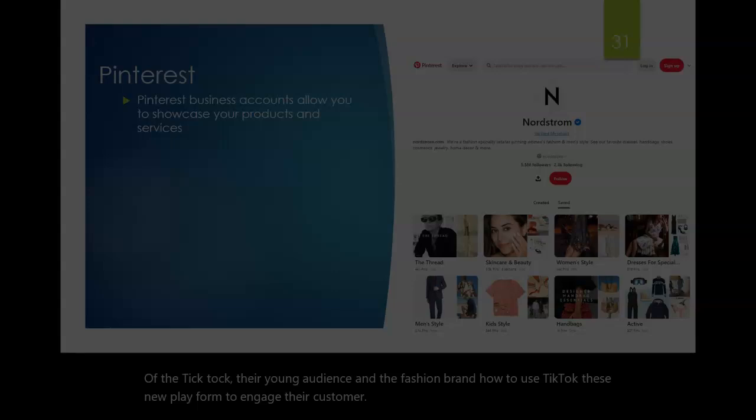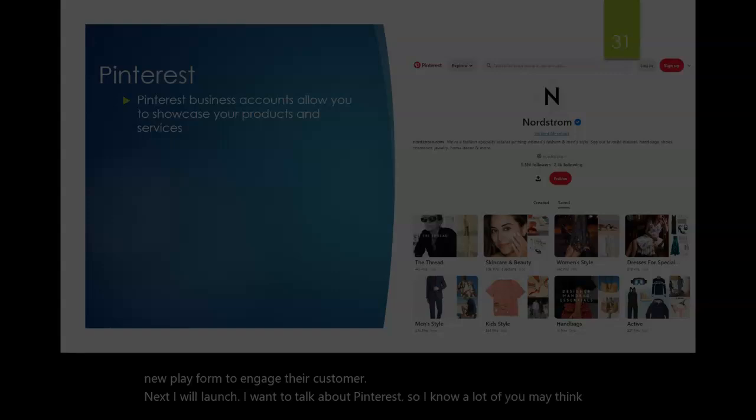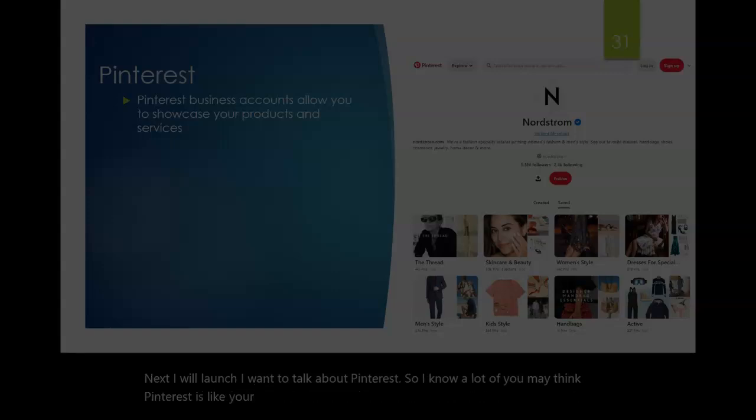Next, I want to talk about Pinterest. So I know a lot of you may think Pinterest is like your mom, you have boards on there. But Pinterest is a very special social account because of its platform characteristics.